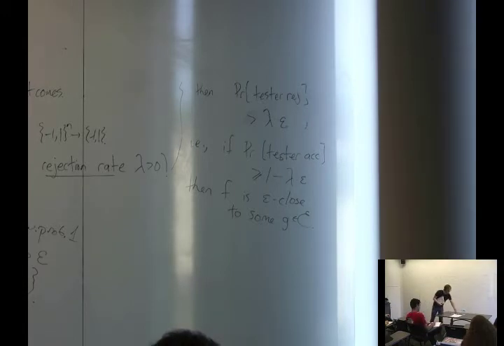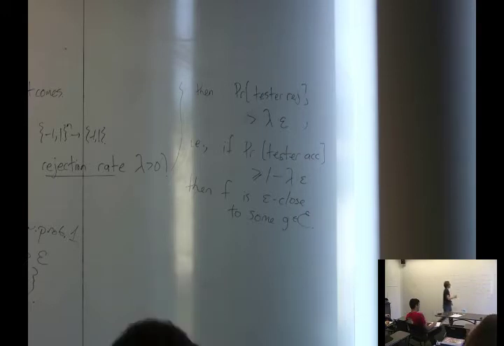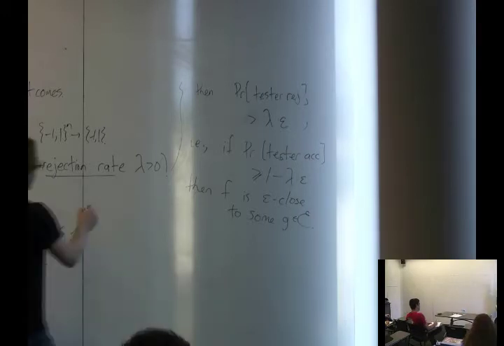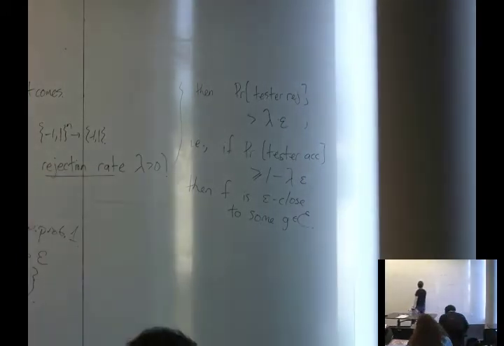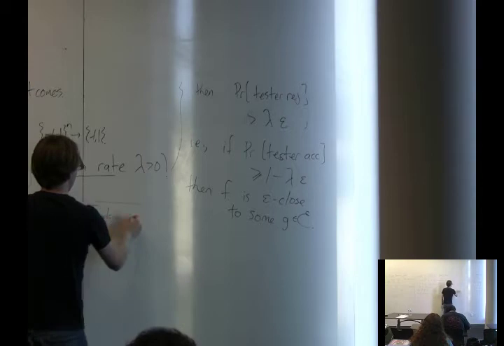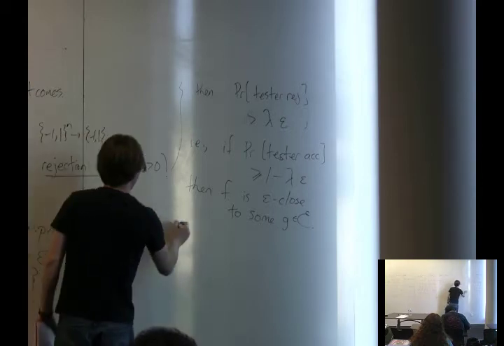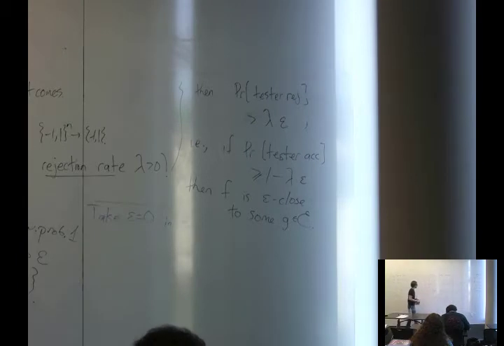One small thing I want to point out from this definition: if you have a tester for a given class, then it satisfies both of these two properties. Say this is 1 and this is 2. If you take epsilon to be 0 in 2, it has to hold with all epsilon, but in particular with epsilon equals 0.